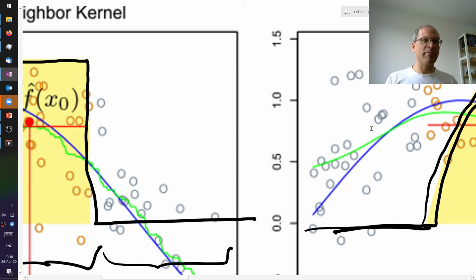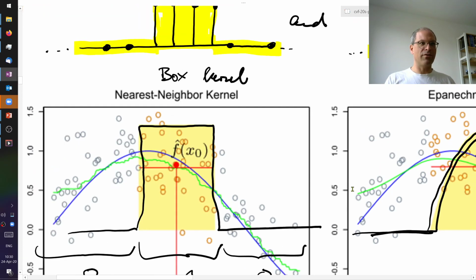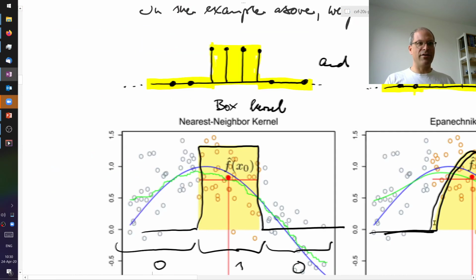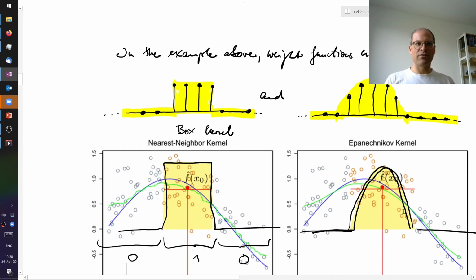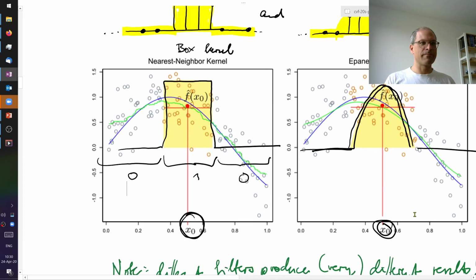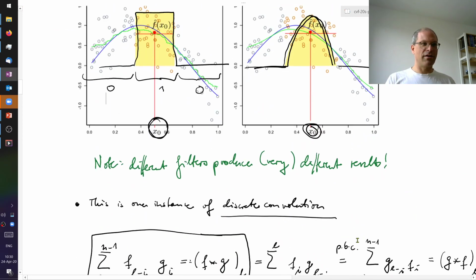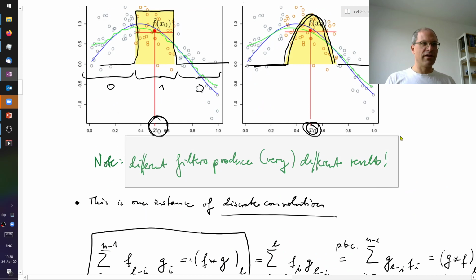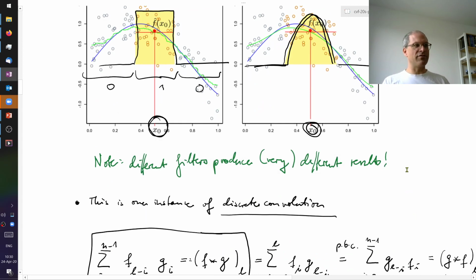And here I get something much smoother because my kernel decays to 0 slowly. Here my kernel has a discontinuity, and there it does not, only a discontinuity in the first derivative. All right, so different filters can produce very different results. And so filter optimization has been a really important topic in computer vision for a long time.